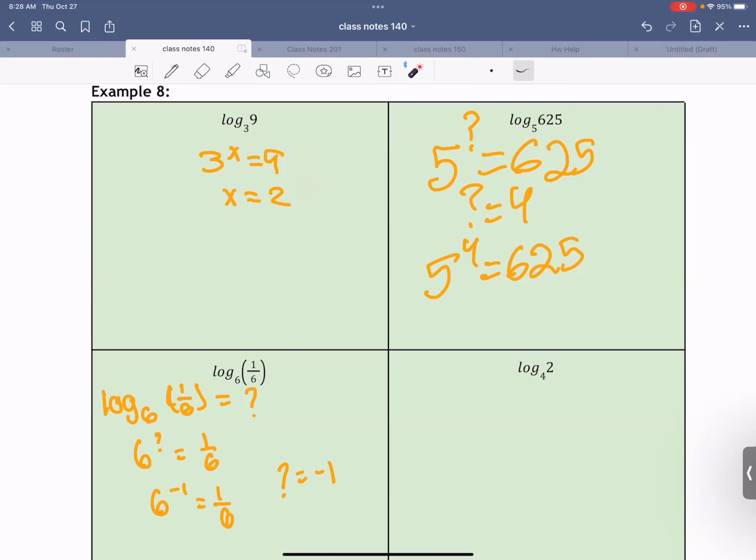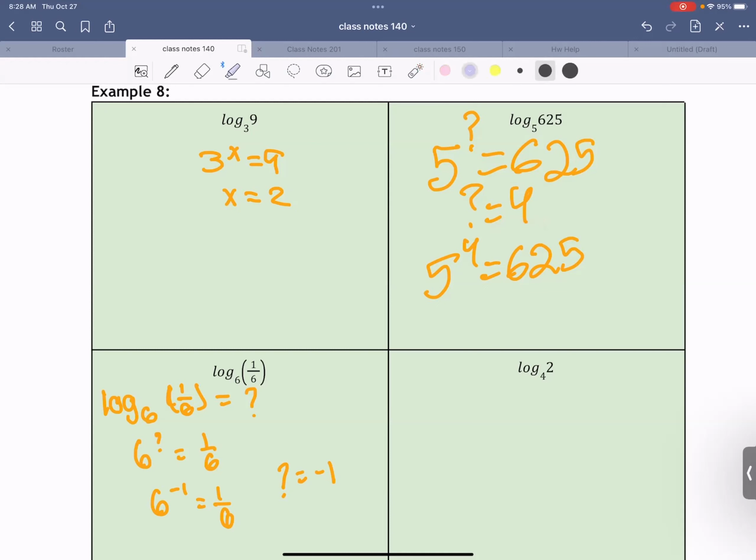All right, then I think Stephen wrote up log base 5 of 625. Stephen, do you kind of want to take us through this one? Yeah, so I just did what we did for all the previous problems. Put the question mark on the base, and then I figured out that the question mark was 4, so 5 to the 4th power.